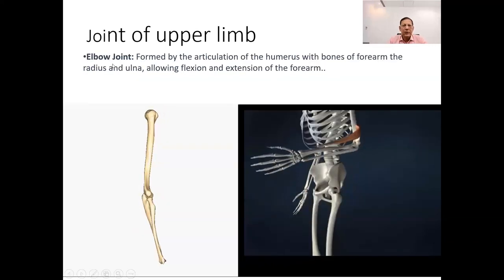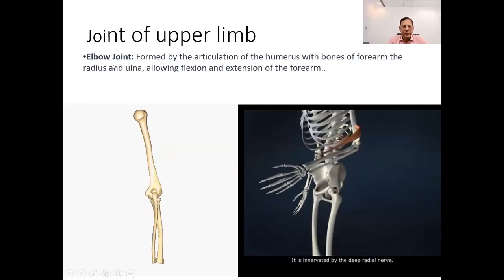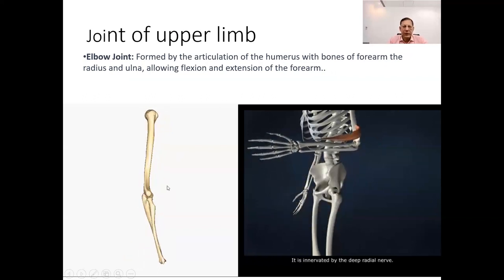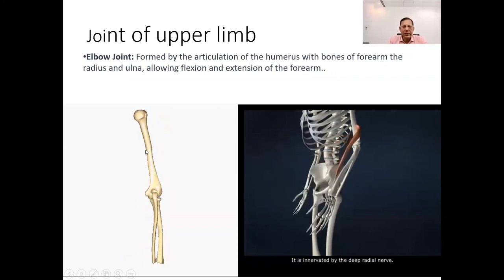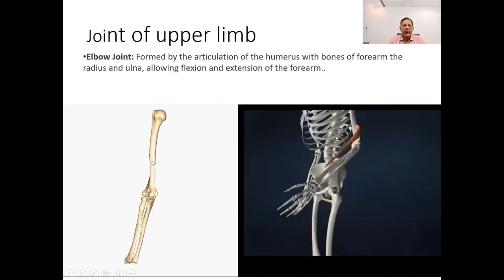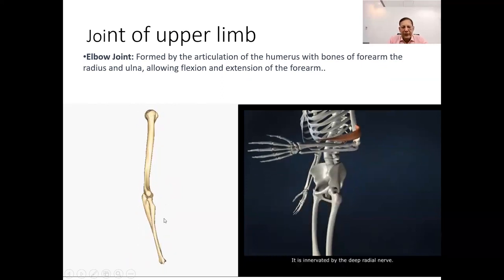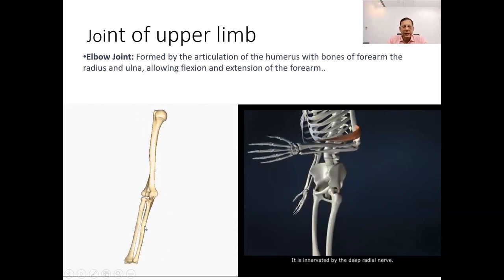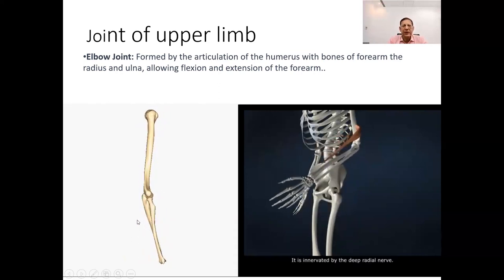The next joint of the upper limb is the elbow joint. It is a complex hinge joint that connects the upper arm to the forearm, and this forearm consists of two bones, the radius and the ulna.